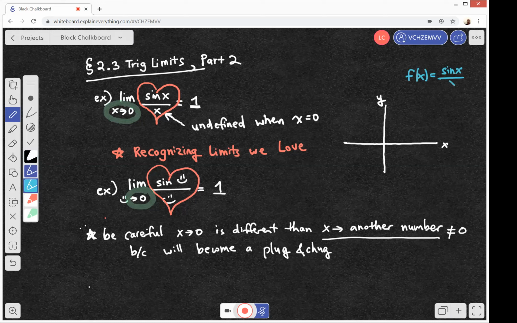The graph is relatively close to the x-axis. It goes up, up, up to a value of 1. It's not defined at 0, right? Because x can't be 0. And then the graph falls down very close, kind of hugging the x-axis. So that's the graph of sine x over x. Okay, moving on.